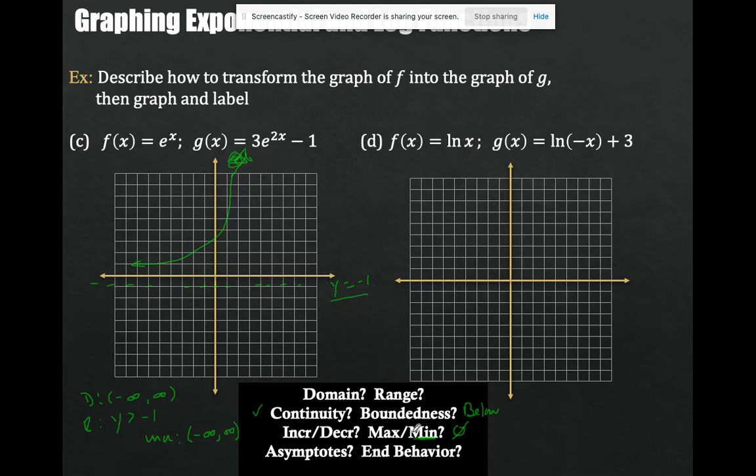Asymptotes, yep. And behavior, you got to limit me with this. Limit notation, right? The limit as x approaches -infinity is 0. The limit as x approaches positive infinity, of g of x, sorry.